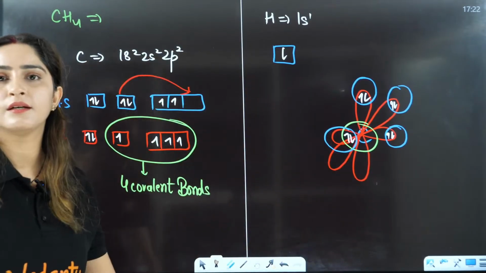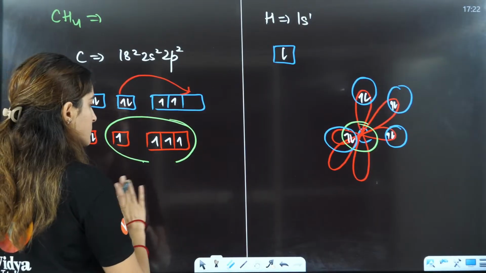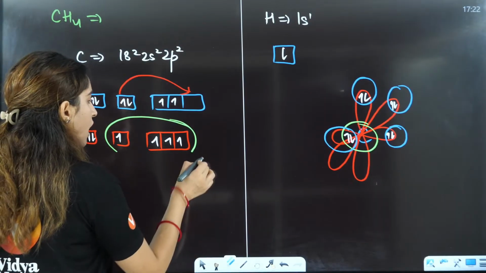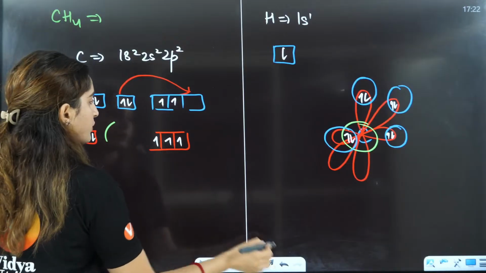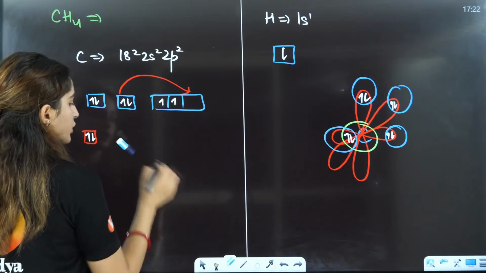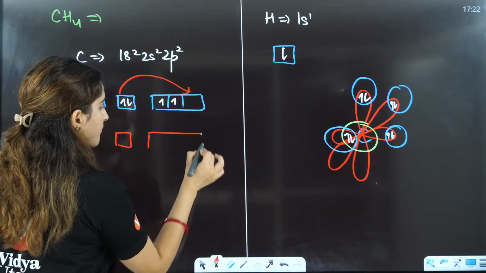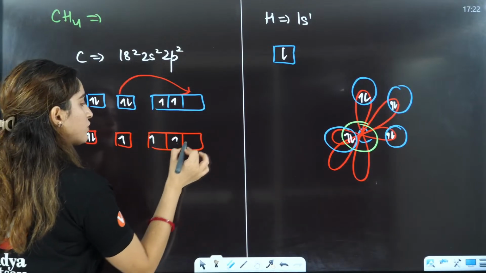So what we are discussing here is, how are these four going to make the bond? It will be like this, 1, 2, 3, 4.